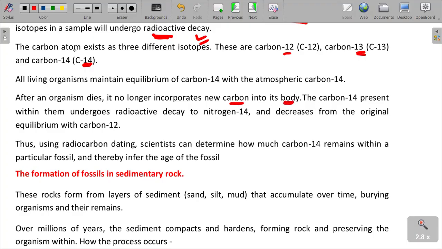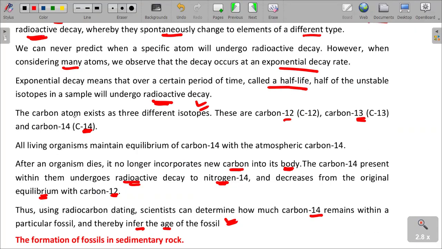The carbon 14 present within it undergoes radioactive decay to nitrogen 14 and decreases from the original equilibrium with carbon 12. Thus, using radiocarbon dating, scientists can determine how much carbon 14 remains within a particular fossil and thereby relate it to the age of the fossil. This is what we call radioactive dating.